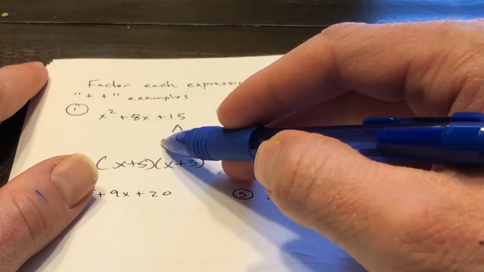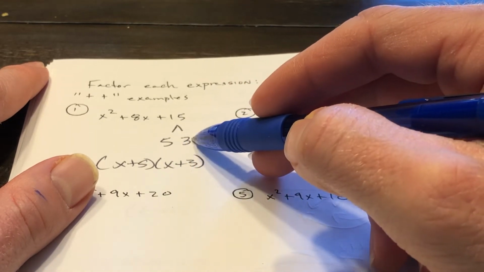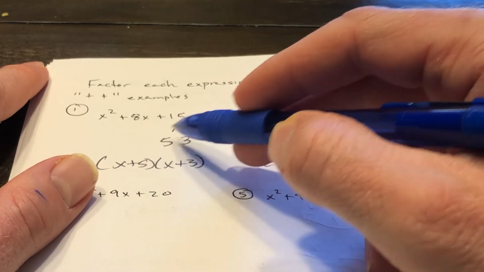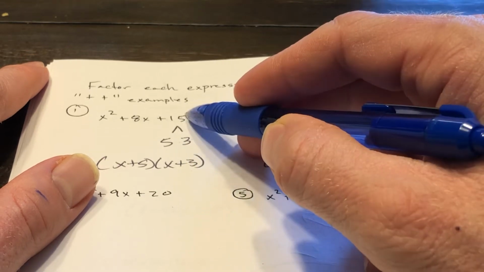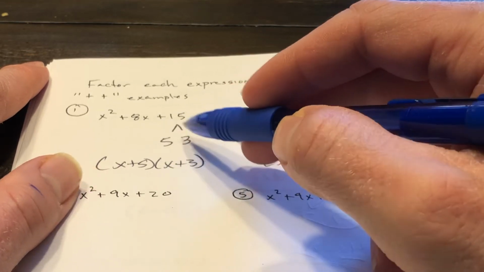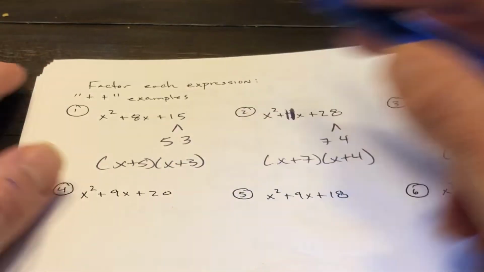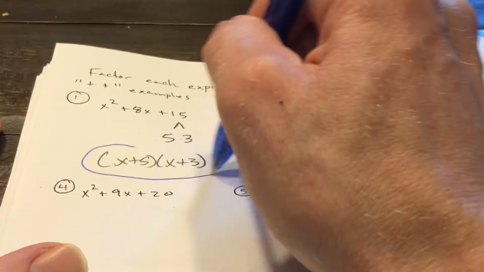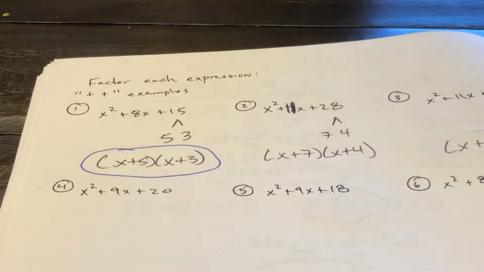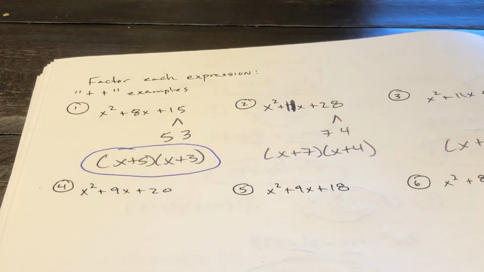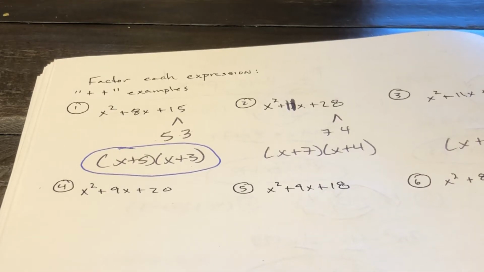Those two numbers are 5 and 3. They're both positive because a positive 5 times a positive 3 is a positive 15, and a positive 5 plus a positive 3 is a positive 8. So that's how it factors: x plus 5 times x plus 3. The order doesn't matter. You can say x plus 3 times x plus 5 as well.